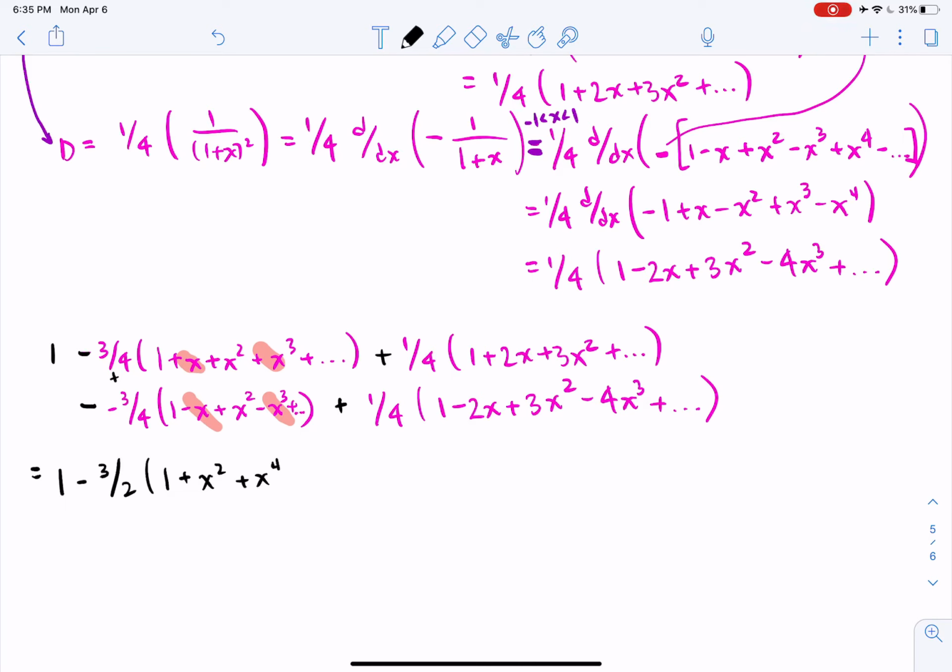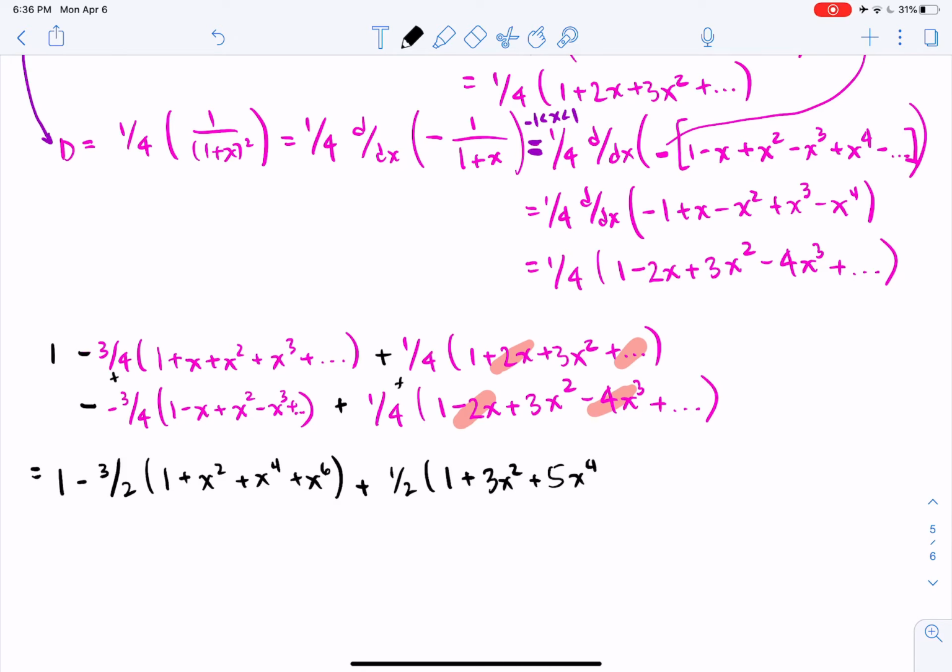Okay, so that's the sum of A and C. Plus, we're also going to have some cancellation here between the B and D power series. This 2x and this negative 2x will cancel. There's a positive 4x cubed and a negative 4x cubed. They're going to cancel, and we'll be left with 1/4 plus 1/4 is a half times 1 plus 3x squared. Those 4x cubes cancel. We'll have a 5x to the 4th, etc.